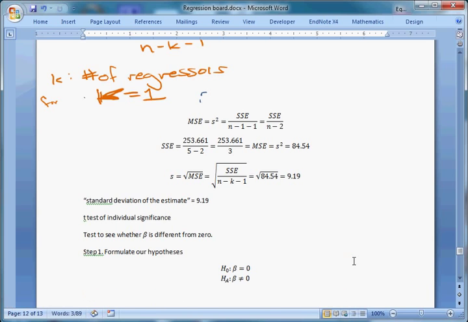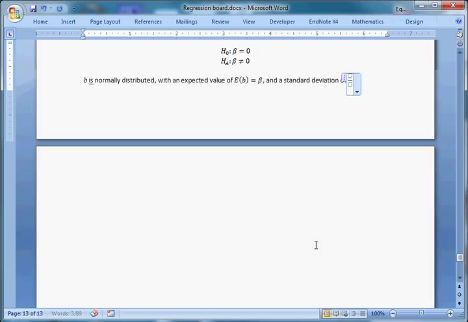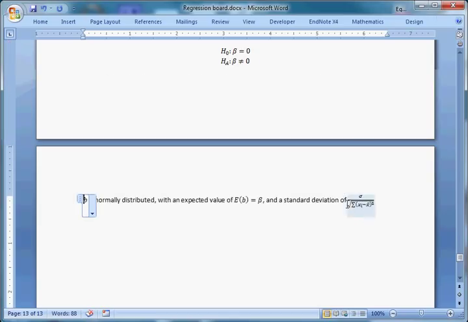Now this is a true standard deviation. Sigma over the square root of the sum. So b is normally distributed, and this is its shape.